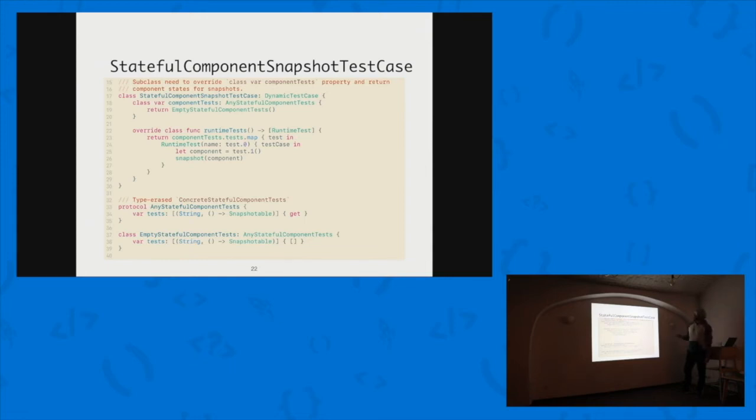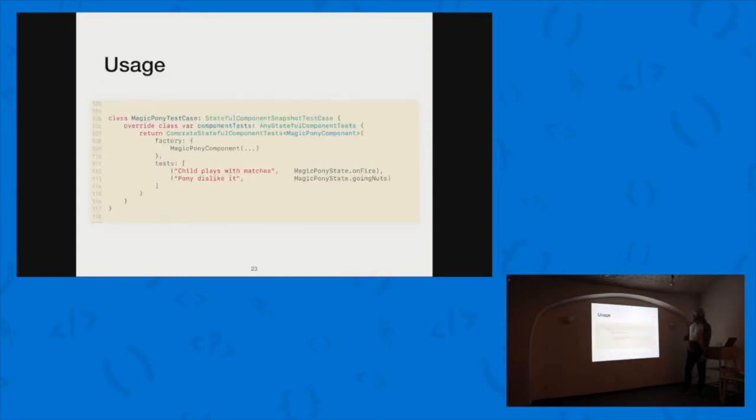Basically the same stuff, a component test which maps everything, and here is how we use it. We have the same test, which writes something like what this test is doing, the name of the test, some state for our component, and here a factory for how to create it. And nice, yeah?